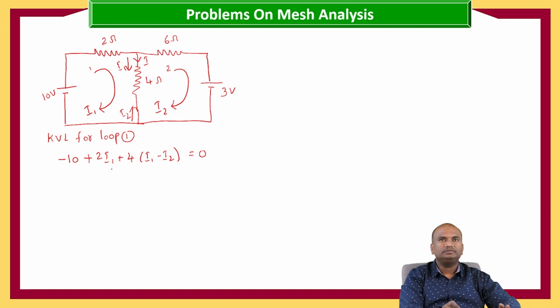Now here 4 plus 2, 6 I1 minus 4 I2 equals 10. This is our equation number 1.